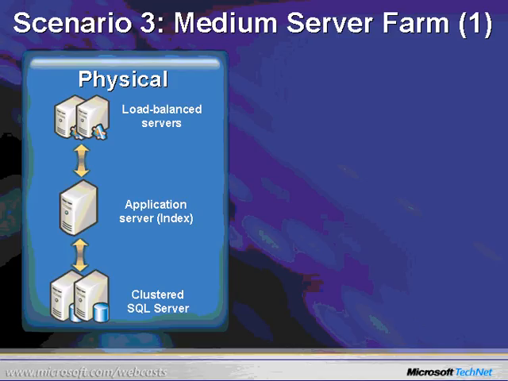Of course, we're going up the ladder here, so now we're talking about a medium server farm. So we've added another server in this case. We still have load-balanced front-end web servers, but instead of a single SQL server, we may consider clustered SQL servers on the back end. And we've also included a separate application server, and this one being an indexing application server.